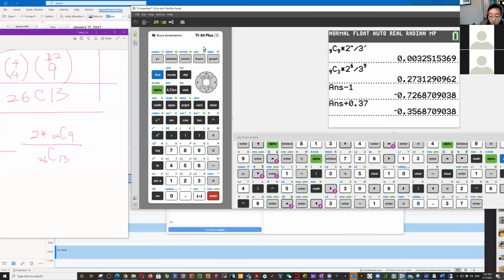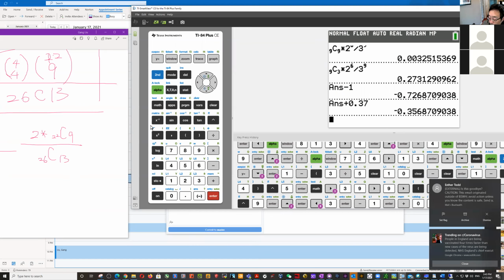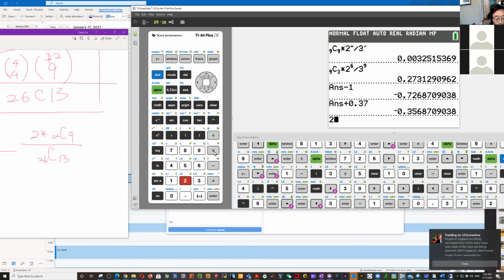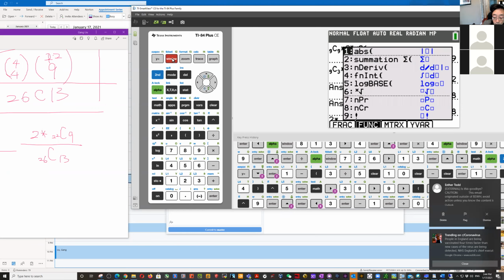So this way I am able to arrange my real estate on screen to properly display the calculation of what I'm supposed to do. And so that's going to be 2 multiplied. And you can also use the alpha window. The alpha window has fewer keystrokes. And the choose function is on the 8. So you click 8.